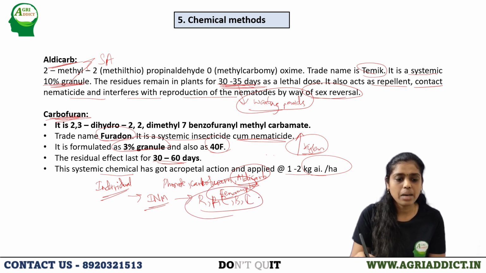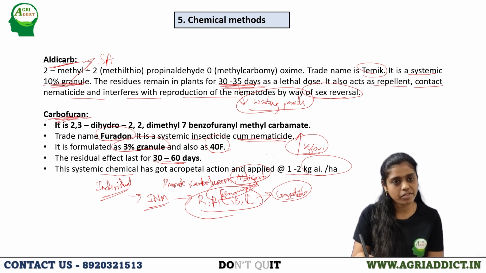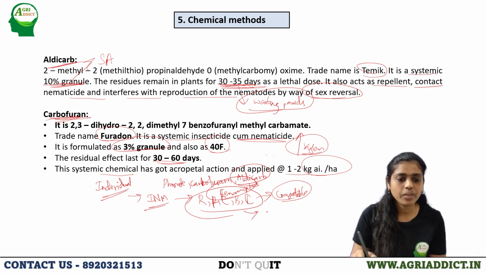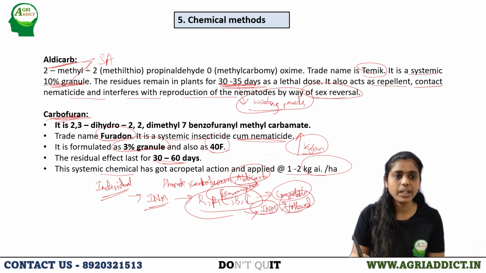These methods can be applied in a compatible or well coordinated manner. If we go for these methods, then it is possible to control the nematodes in a very efficient manner. So integrated nematode management is recommended for the control of nematodes.